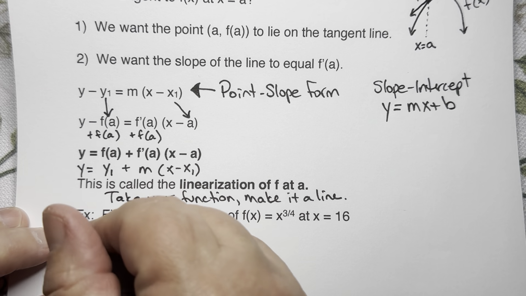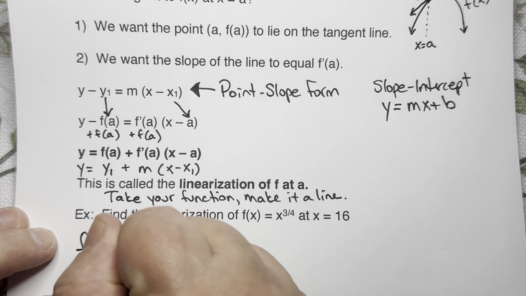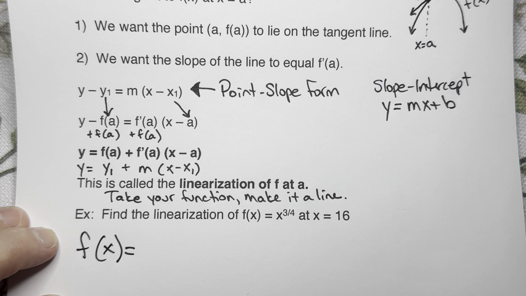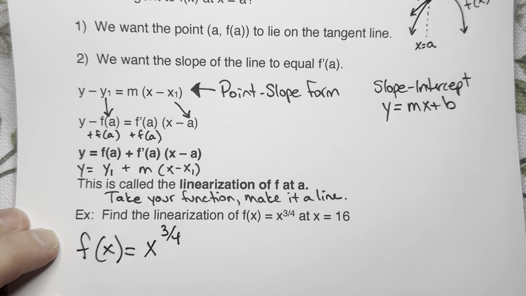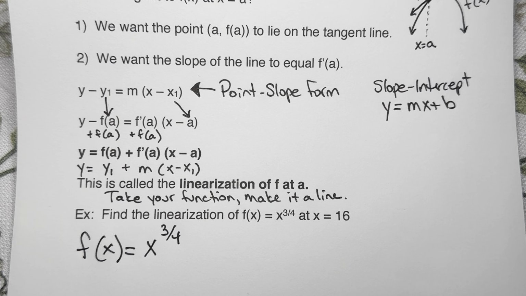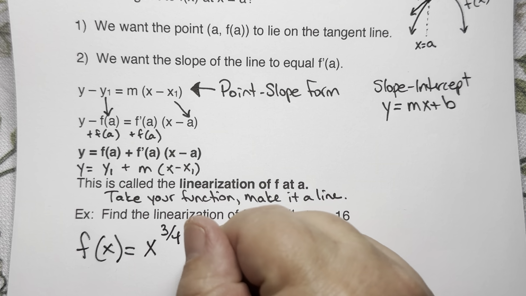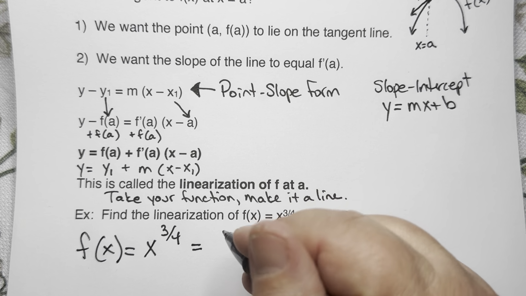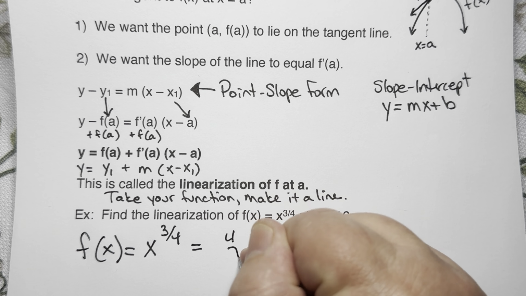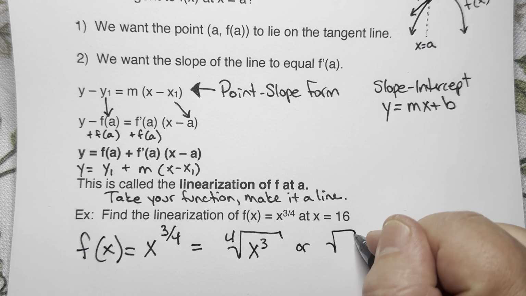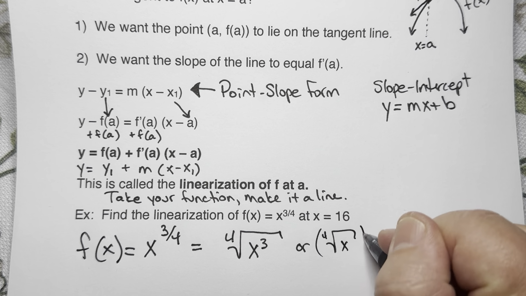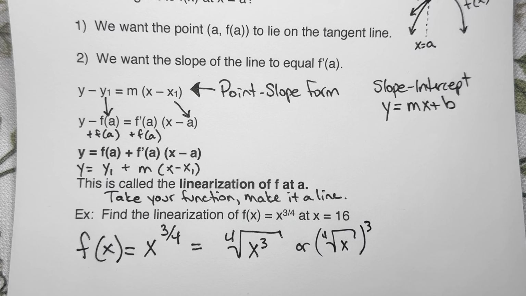Okay, I picked a nice, juicy function, x to the 3/4. And you're going to say to yourself, what is that? I'm going to remind you that that's what happens when you take the 4th root of x cubed. As long as it's a real number, these two are equivalent.